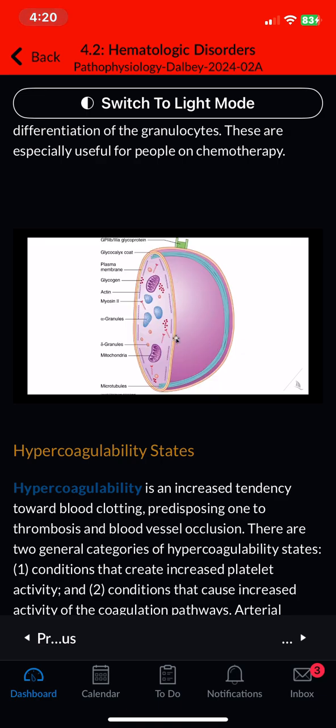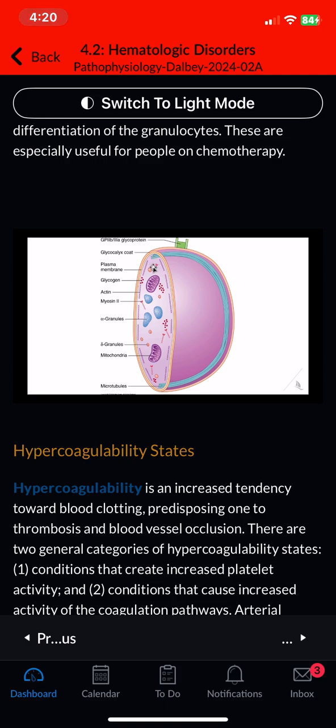So here's a platelet in more detail. At the top, they're depicting for us what we call a GP2B3A glycoprotein. It's important for allowing platelets to bind to each other, and it also allows platelets to bind to fibrin. There are enzymes present to make the chemical mediators for platelet attraction and activation, like the prostaglandin thromboxane A2.